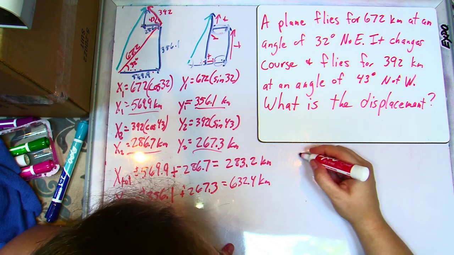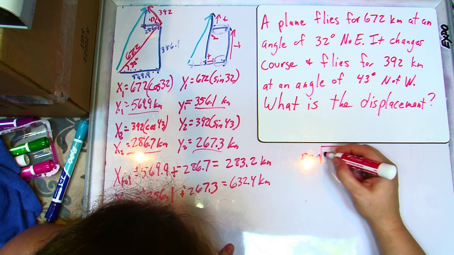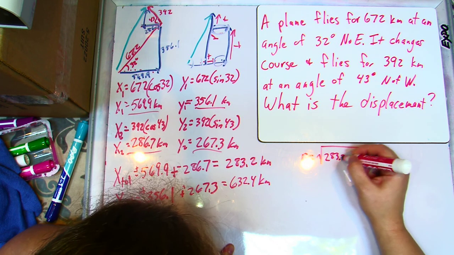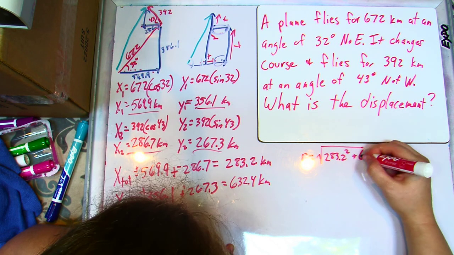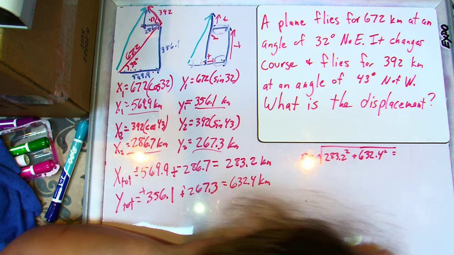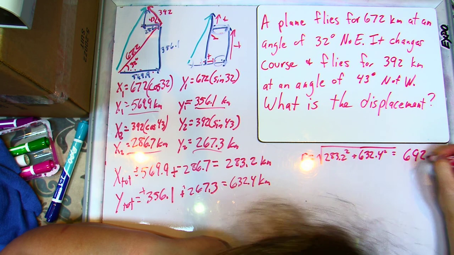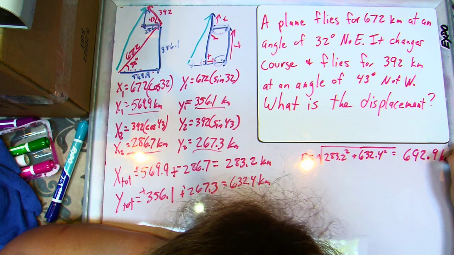We can now find our resultant. So square root of x squared plus y squared. And our resultant would be 692.9 kilometers.